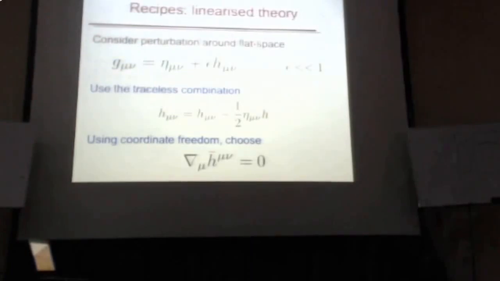So, let's look at these gravitons in more detail. Something we can do, as we did for the Newtonian metric, is expand around flat space. Remember, the Newtonian limit was expanding the metric around flat space by this extra function that we call phi.